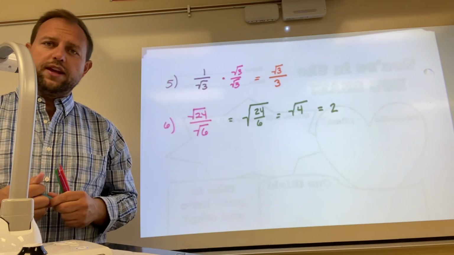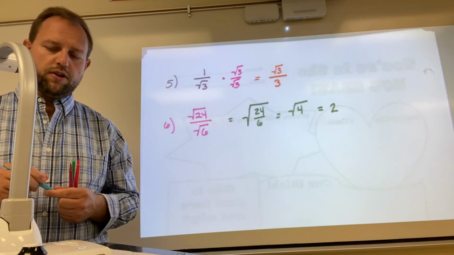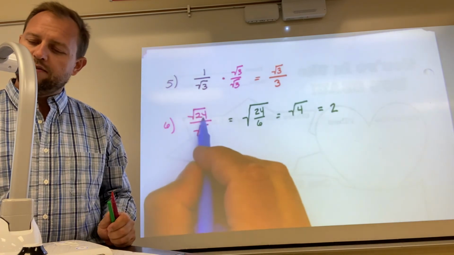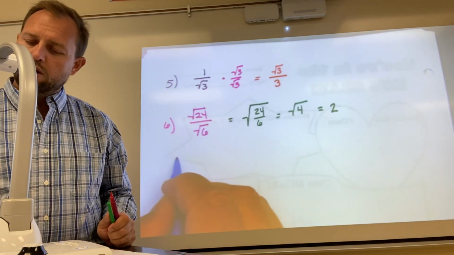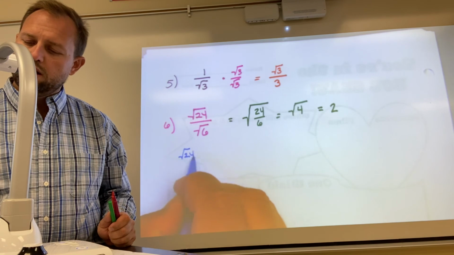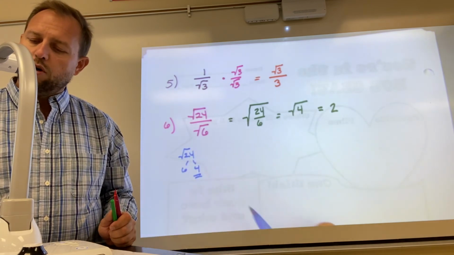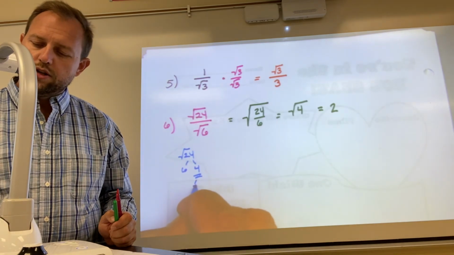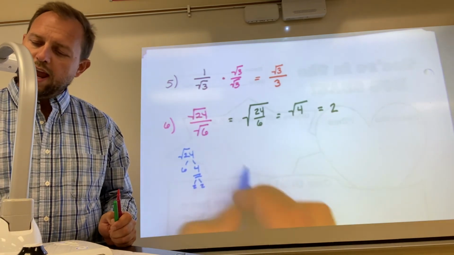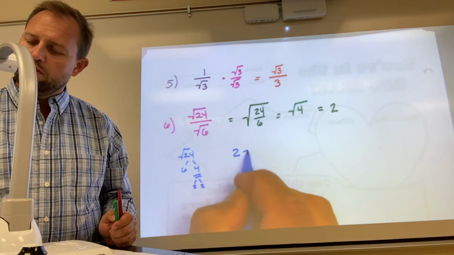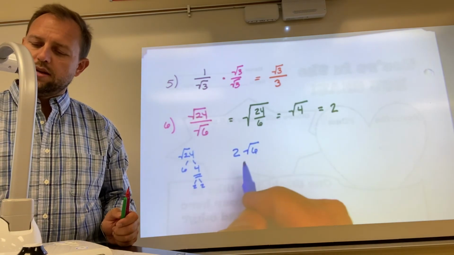The other thing we can look at in radicals when you have them top and bottom is we can simplify. So we know root 24 breaks down into a 6 and a 4. 4 is a perfect square, 2 times 2. So we can actually change that root 24 into 2 root 6.